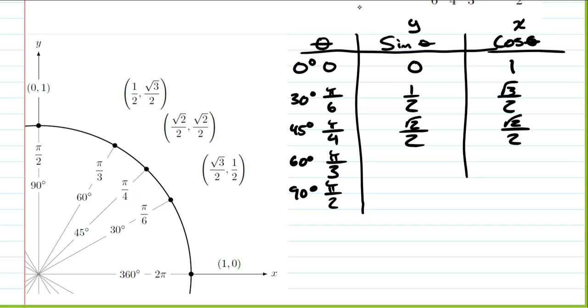We get to our next one, which is 60 degrees, or pi over 3 radians. So our x value is going to be root 3 divided by 2, and our y value is going to be 1/2. And then lastly, going straight up, we get a right or 90-degree angle, or pi over 2 radians, and our y value here is going to be 1, and our x value is going to be 0.